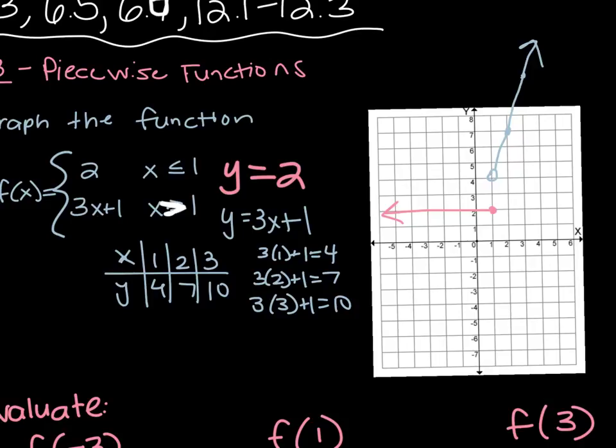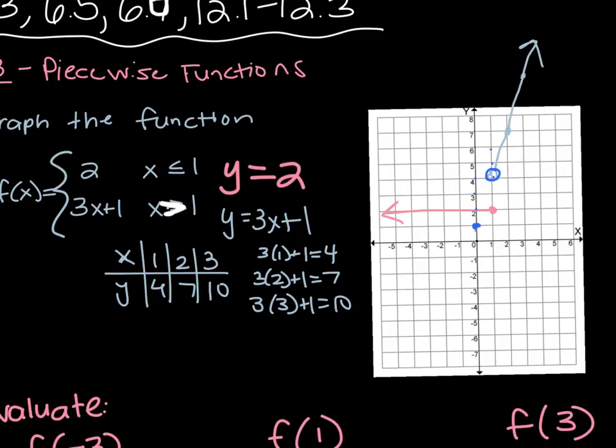The other thing you can do is just graph your line and erase the part of the graph that you don't want to use. If it's y equals mx plus b, I could have started at 1, gone up 3 over 1, 3 over 1, drawn that line, and then erased what you don't want to use, which would have left us with exactly what we had drawn the first time.